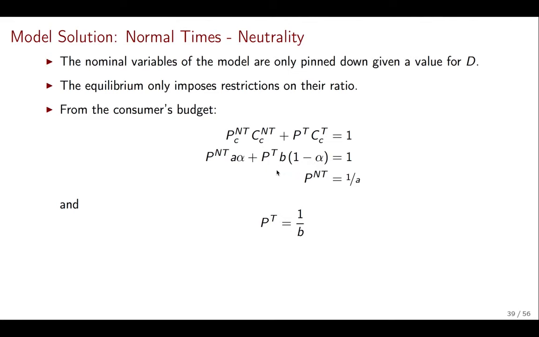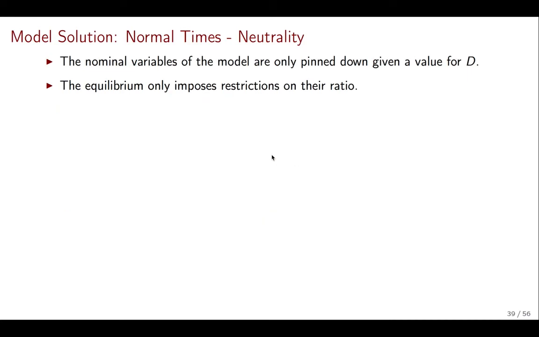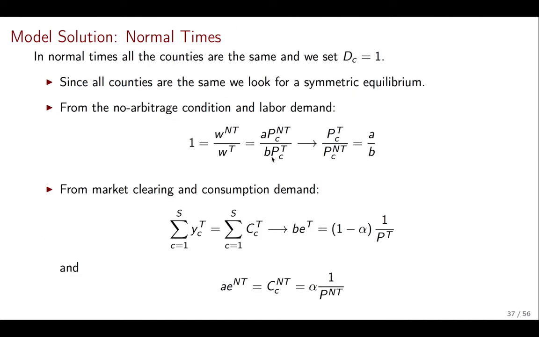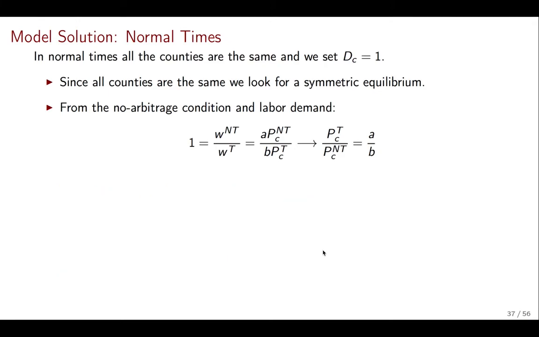And we also know what PT and PNT are relative to one another. So we know that we can replace PT with A over B times PNT. Why do we know that? From here, sorry, one more. Here, PT is A over B times PNT.